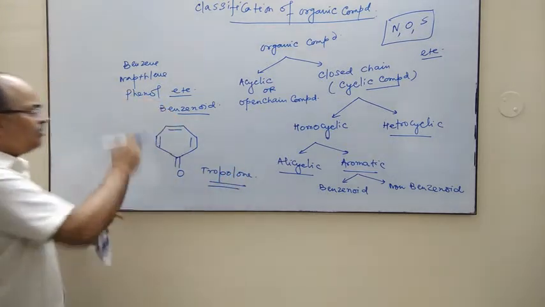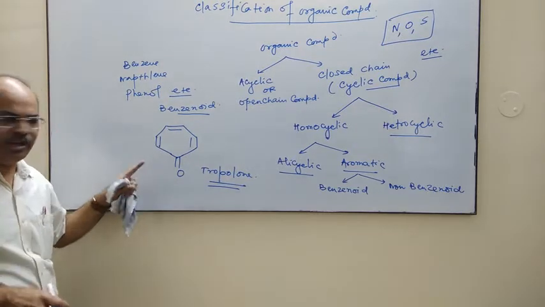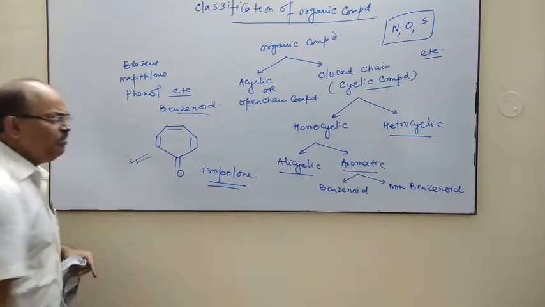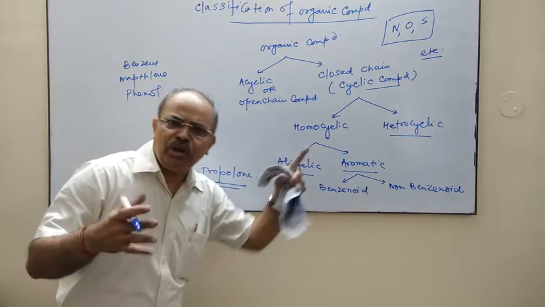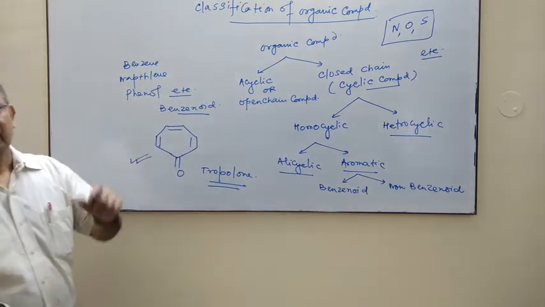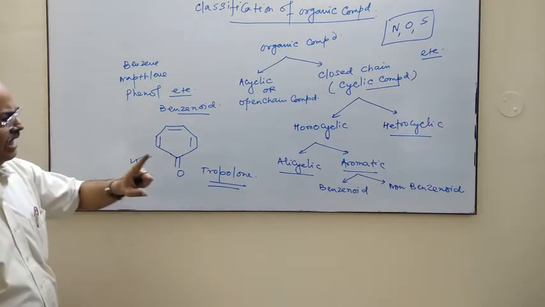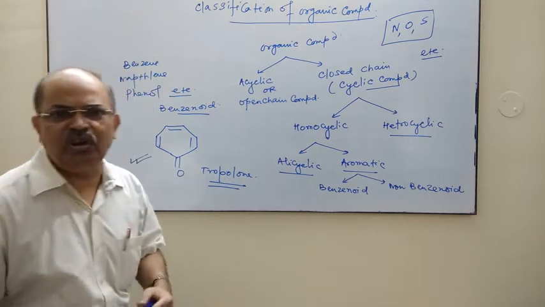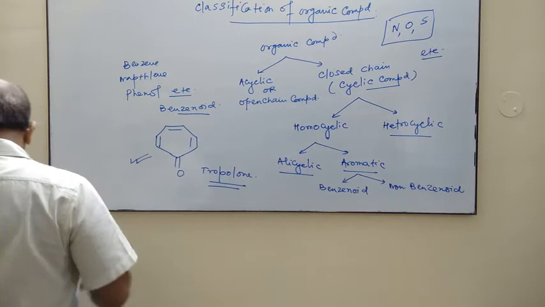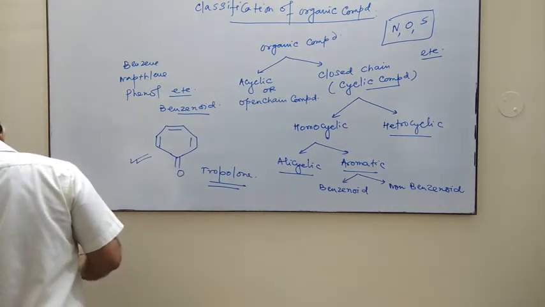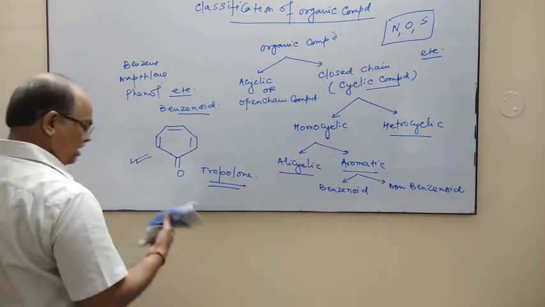So it has no such benzene ring. So this is your aromatic compound, but it is not benzenoid, rather it is non-benzenoid. Means if an aromatic compound has no benzene ring, then that aromatic compound is known as non-benzenoid. So this is simply the classification of your organic compounds.